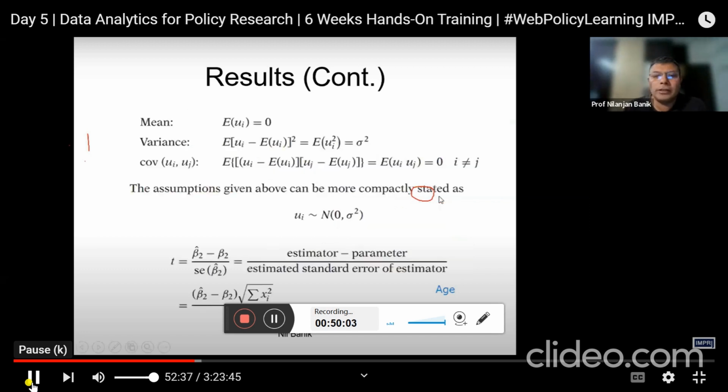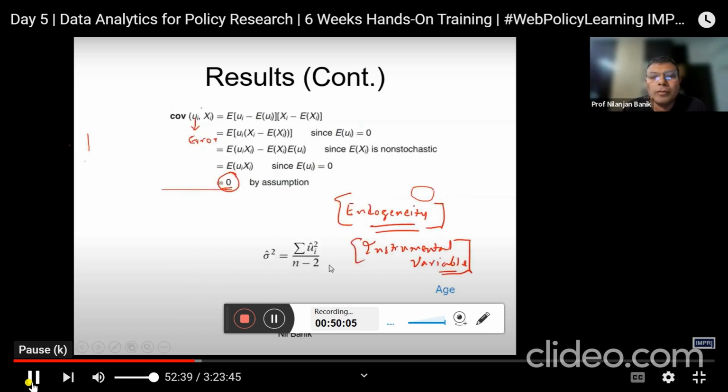Finally, before going forward, this term is the estimate of the error variance, and you find it is inversely related to n. What is n? n is the number of observations.